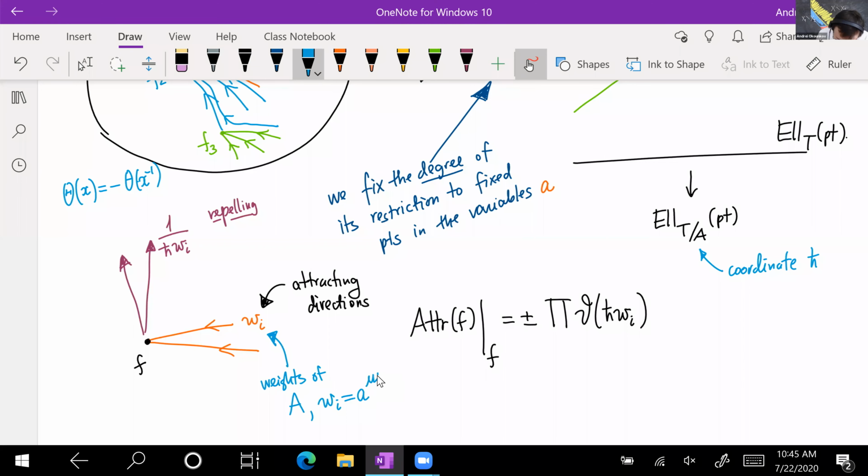And so this has degree, by the formula we computed last time, which is just the summation of all those mu i's squared. So this is in S2 of characters, in the variables.